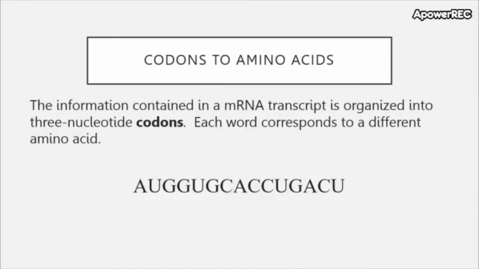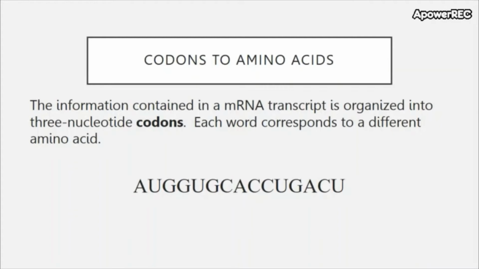So let's now take an mRNA sequence and translate it into a protein. So again, the information contained in an mRNA transcript is organized into words which are known as codons that are 3 nucleotides long each. Each word corresponds to a different amino acid.